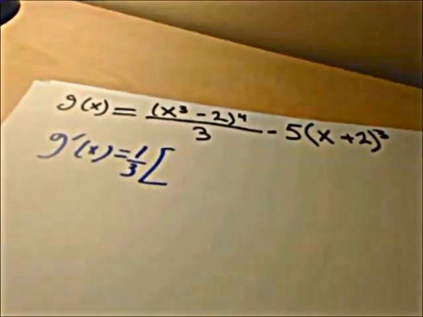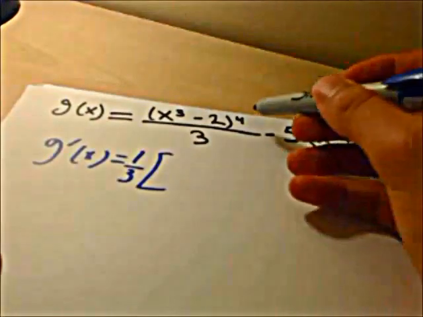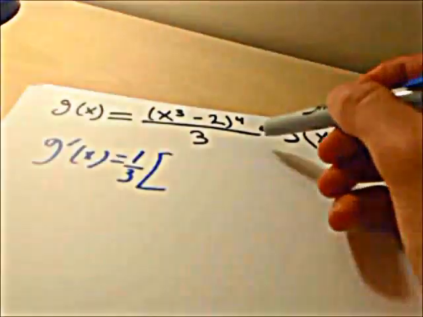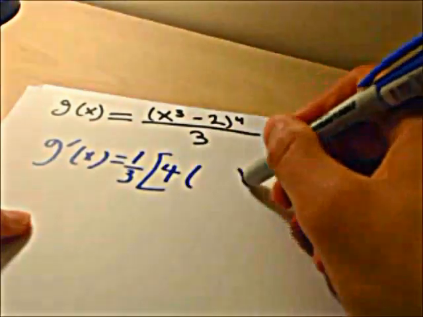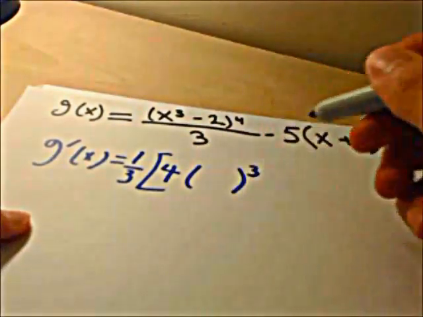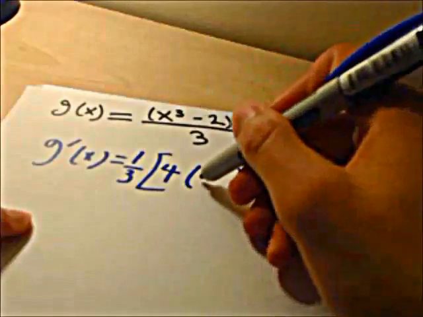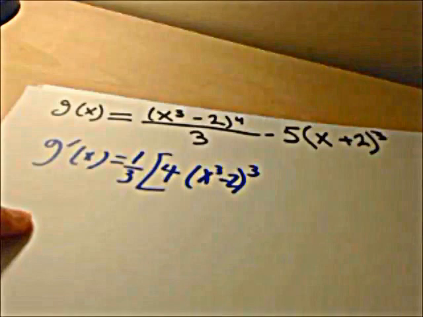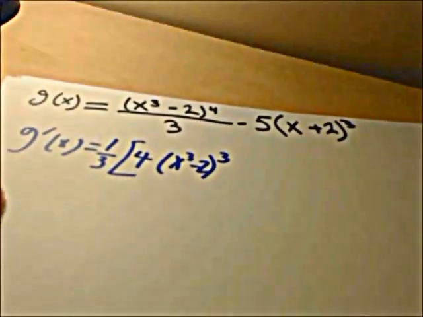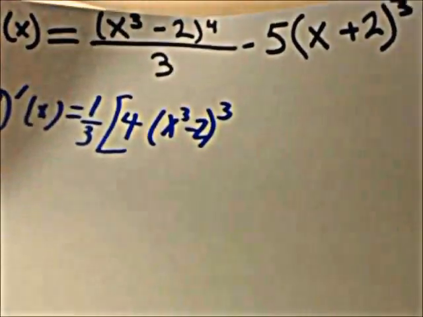And then again, like we did last time, we take 1 from the power, and we multiply by the power. So it's going to be 3, and we leave what's inside the bracket as it is, x cubed minus 2, squared. Sorry, it's a little bit small because I'm running out of space, but I think it's clear what we've done here.